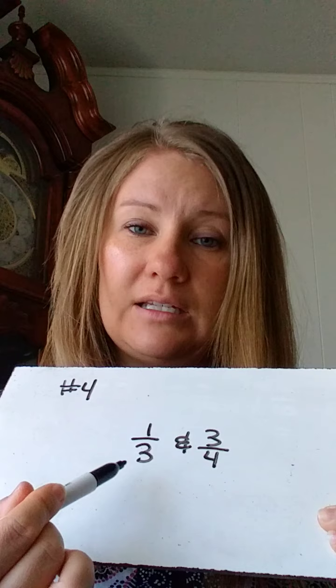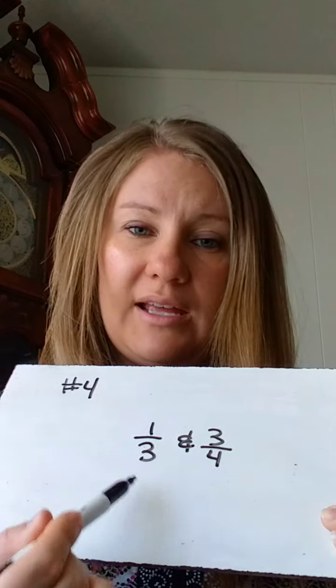The easiest way to find a common denominator is just to multiply these 2 together. So I would do 1/3 times 4/4, and then 3/4 times 3/3. I did that wrong at first, but this one would be times 4/4, and this one would be times 3/3.